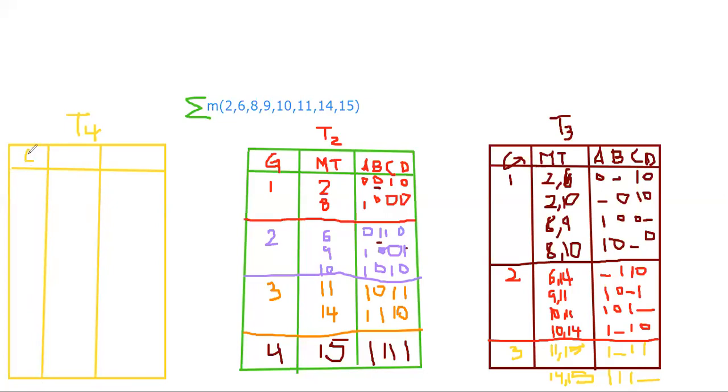First column is group. Second column is min term, and the third column is binary equivalent A, B, C, and D.